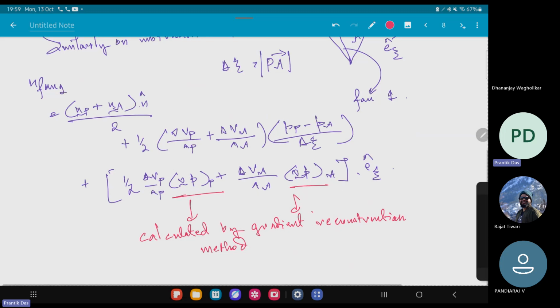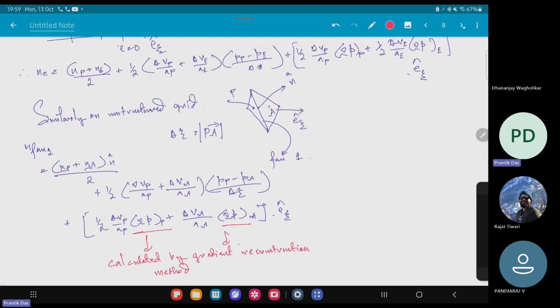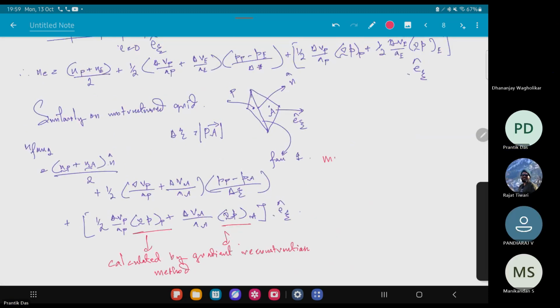So that's another way of making the momentum discretization sensitive to checkerboard oscillations.